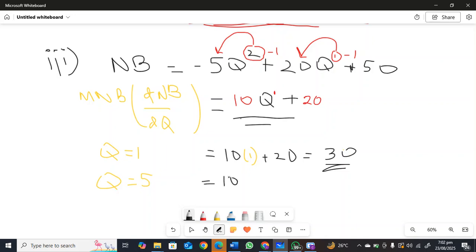When Q equals 5, 50 plus 20, that is 70.